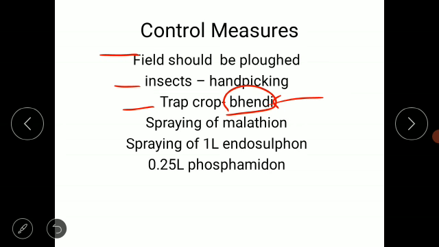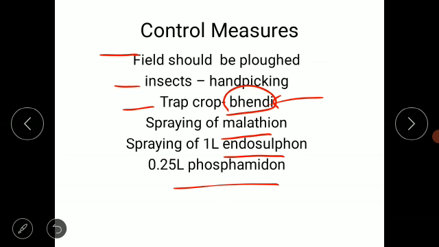So we are using different types of insecticide; in that, malathion is one and the concentration is 0.05%. Again, one more insecticide is there. We are using 35% endosulfan, or we can also use 100% EC, 0.25 liter of phosphamidon.